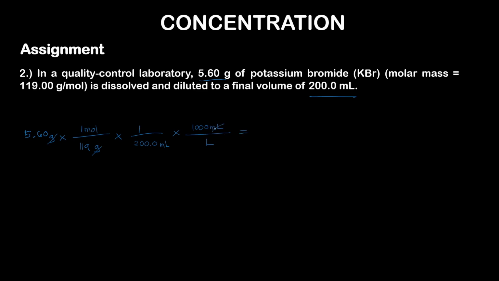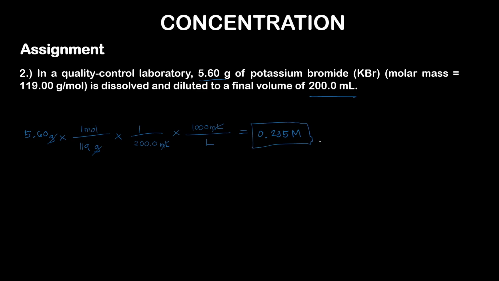Cancel ml, and now we're left with moles per liter, which is molarity. 5.6 times 1 over 119 times 1 over 200 times 1000, and the final concentration would be 0.235 molar.